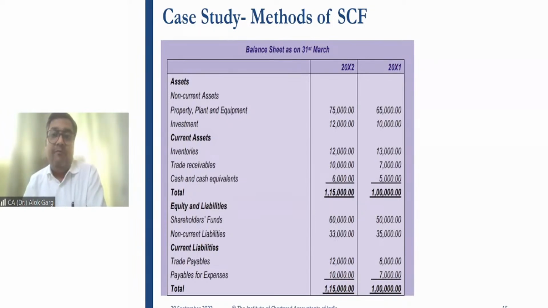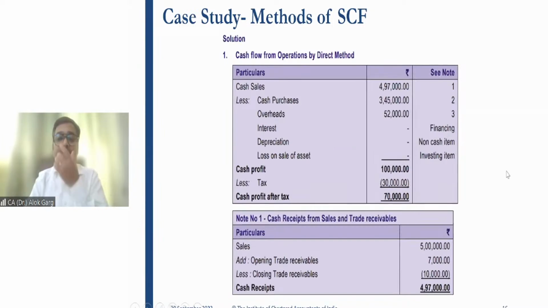But we have a closing balance of 10,000. It means how much money we have collected from the debtor. So how to prepare this schedule? Sales is 5 lakh, opening balance is 7,000, closing balance is 10,000. It means my cash collection is 4,97,000.